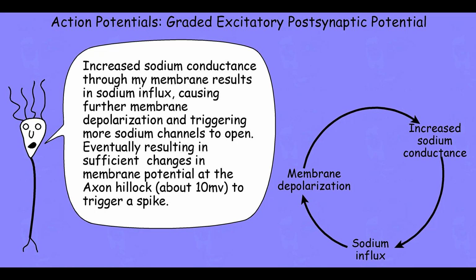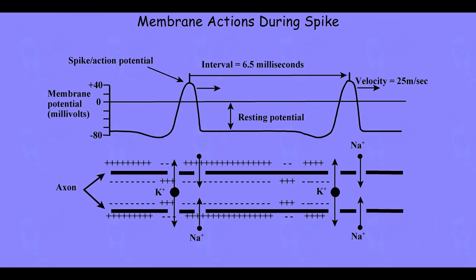Once that axon hillock gets depolarized by about 10 millivolts, that then triggers the action potential which travels down the axon. Now in this diagram we can see the action potential going from the resting or homeostasis level of negative 65 millivolts up to the full action potential of around plus 40 millivolts.